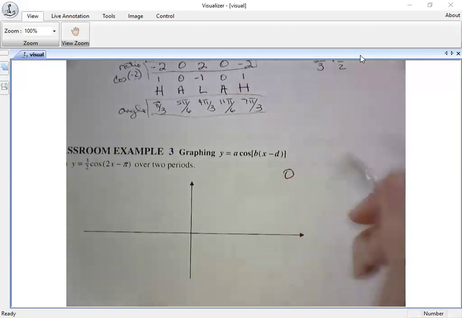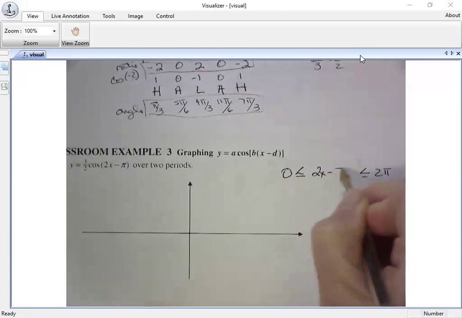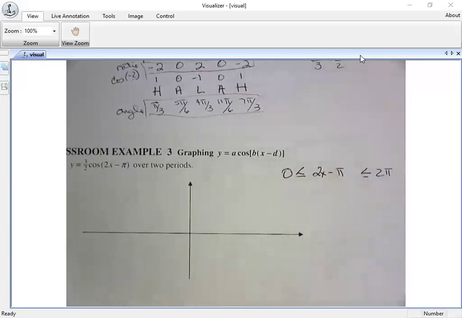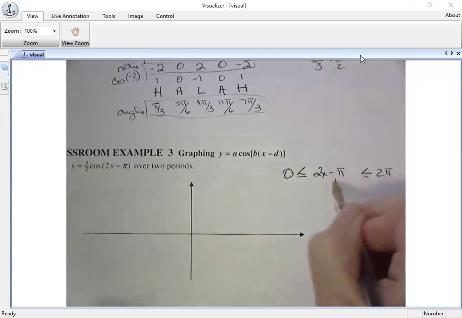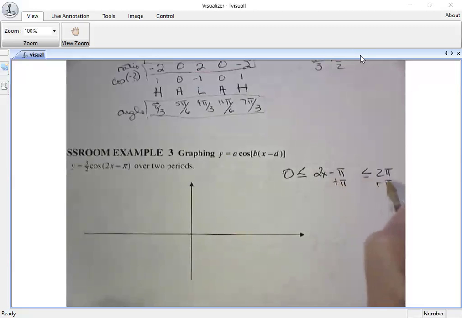So we're going to go from 0 to 2 pi, and we'll put 2x minus pi in between. Okay, now carefully tell me, how are we going to get to where the only thing in between those inequalities is x? First thing is add pi everywhere. So I add pi here, here, and here.